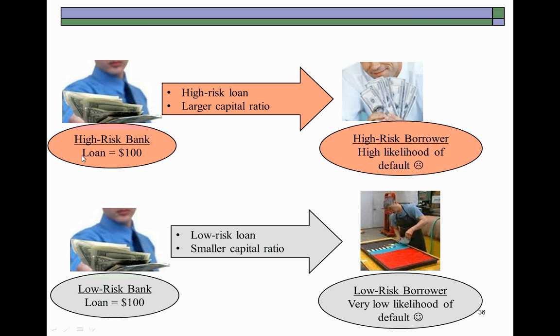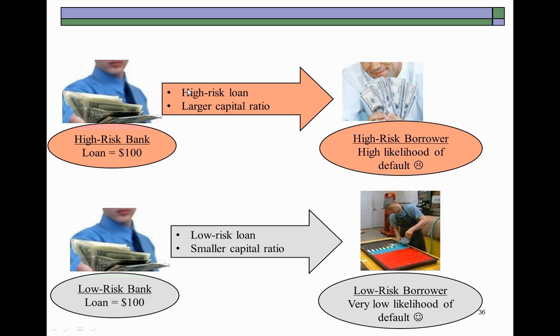Again, we have our bank here on the left side who's about to make a $100 loan to this fella out here on the right side. Now, we already have determined that this guy here is a high-risk borrower, and so there's a high likelihood of defaults. Now, as a result, we have determined, for example, that the bank owner should invest at least 8% of this loan so as to ensure that any losses would be well absorbed.